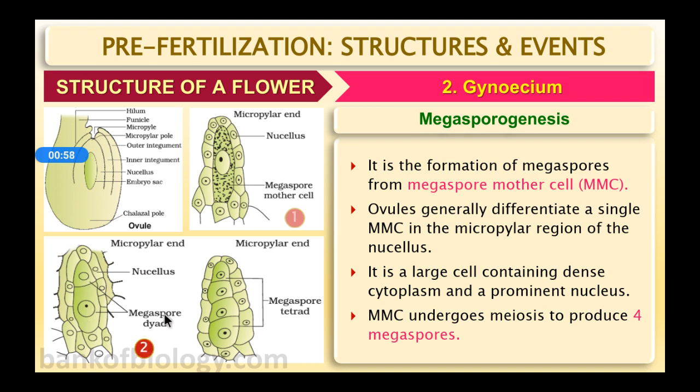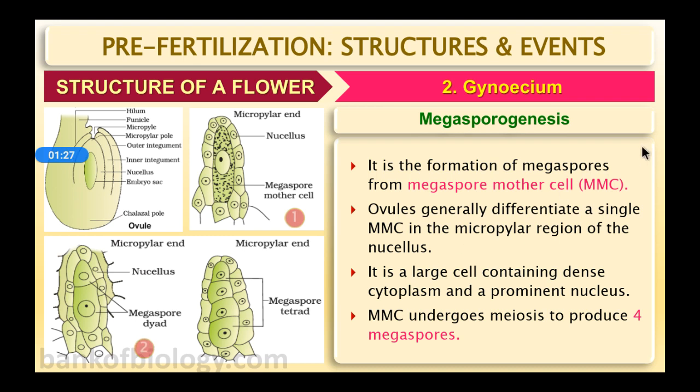And again it will undergo meiosis and form a megaspore tetrad, that is 4 haploid megaspores: 1, 2, 3, 4. Out of these 4, one will be functional and form the female gamete, and the remaining 3 will degenerate. So that transformation we need to study.